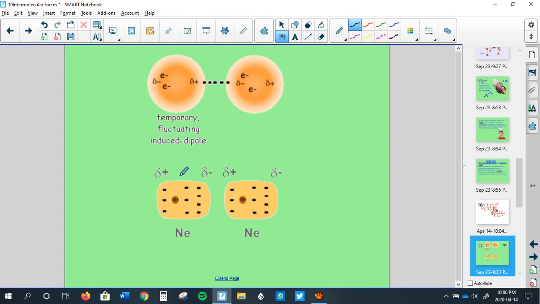Like I said, this doesn't just happen for molecules; it happens with everything. We look at neon. Neon and all of its electrons are generally randomly moving.